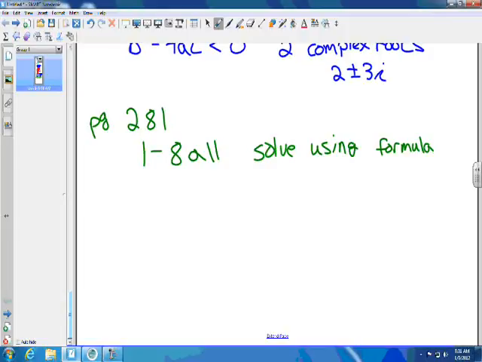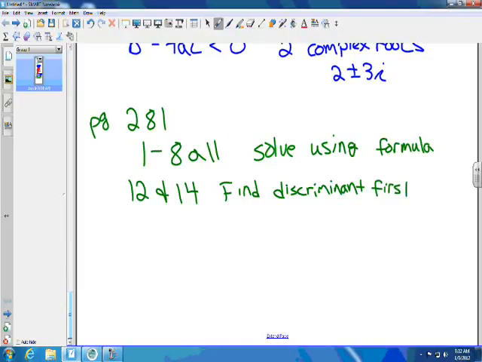We'll do 12 through 30 even. Numbers 12 and 14: find the discriminant first and describe the roots.